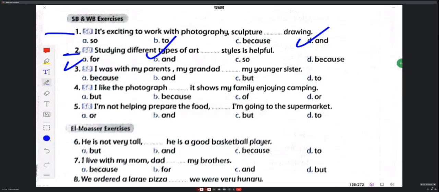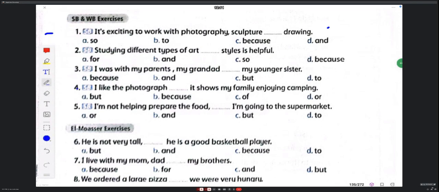I was with my parents, my granddad, my younger sister. It's a list, someone, and someone, and someone, so we can't use and here. We put and before the last one in the list.